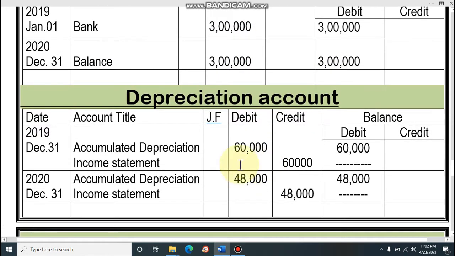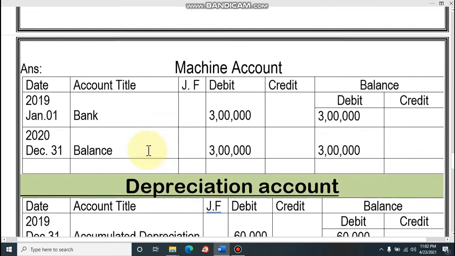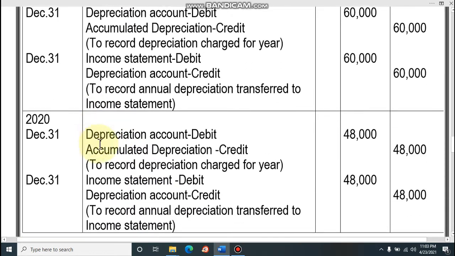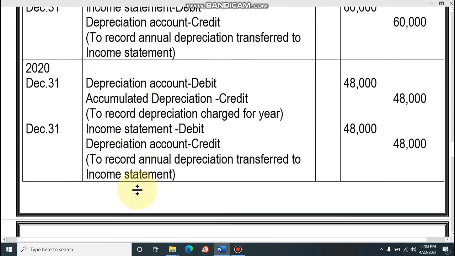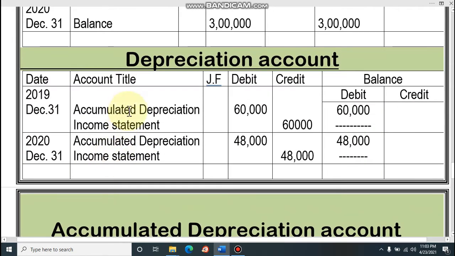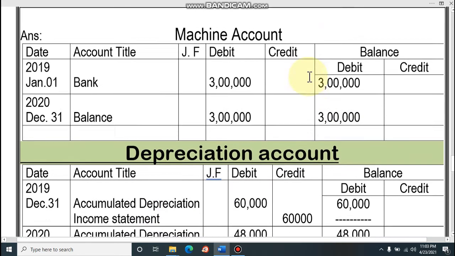And then the depreciation account. Every year we have to write the opposite account. What is the opposite account of depreciation? Look, accumulated depreciation and income statement. So we will write for 2019 accumulated depreciation and income statement, and 2020 also the same. The value is 60,000 for 2019. Where do you get it?